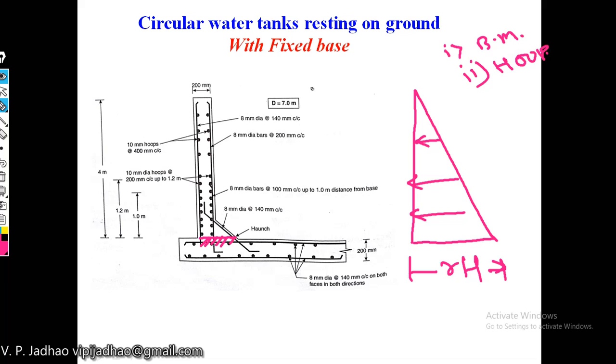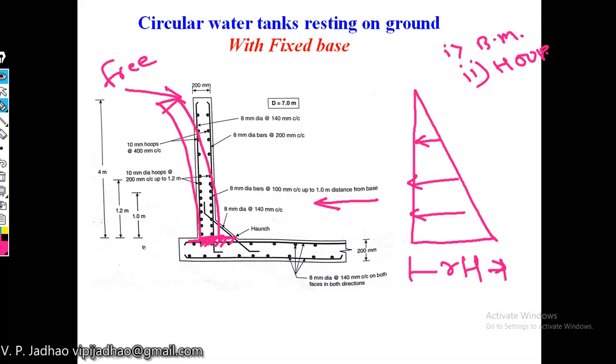This bending moment will develop some cantilever action in your water tank wall, because the wall is fixed at the base, whereas it is free at the top. Due to this water pressure, force will be acting here, and this will cause bending of the wall like this.